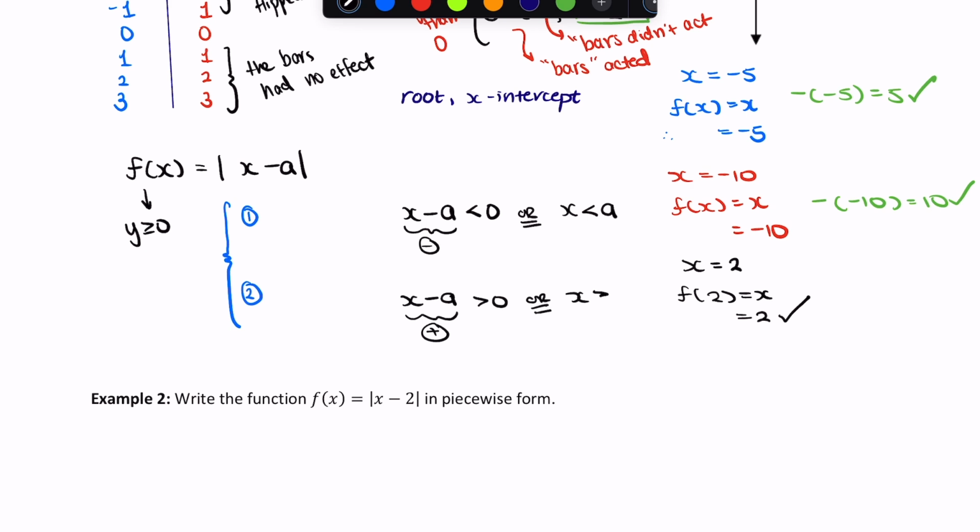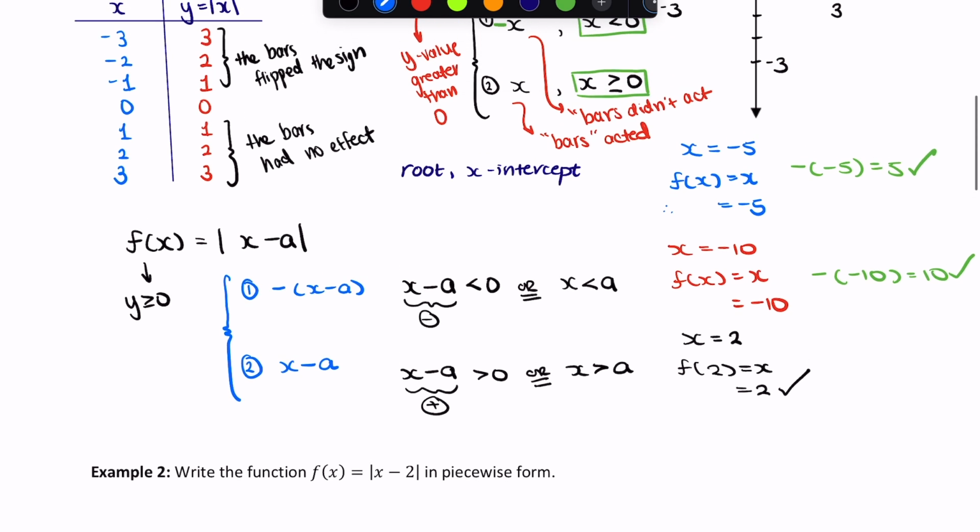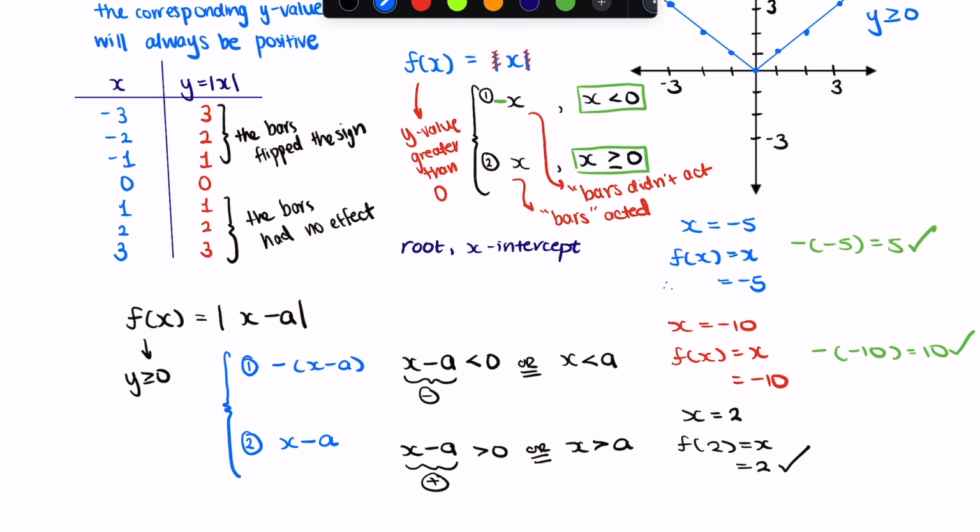Here, x is greater than a, or x is greater than that root. And as we saw, as we write it in these two branches, one would be negative x minus a, and the other one would just be kept as x minus a. In our first example, we wrote it as negative x, and it would have been minus 0, but again, we don't have to write that. And the other one would have been x minus 0, just by itself there.